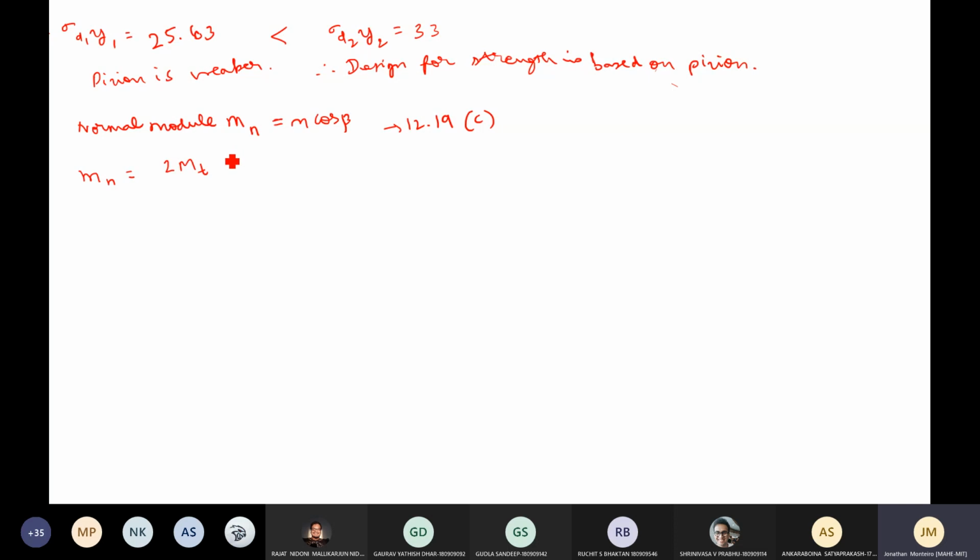Mt Cw cos beta by sigma d Cv k capital Y Z, and this is under root 1 by 3, according to 12.24 B, on page 214.